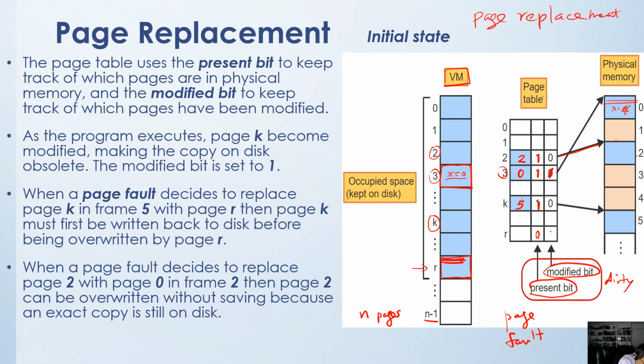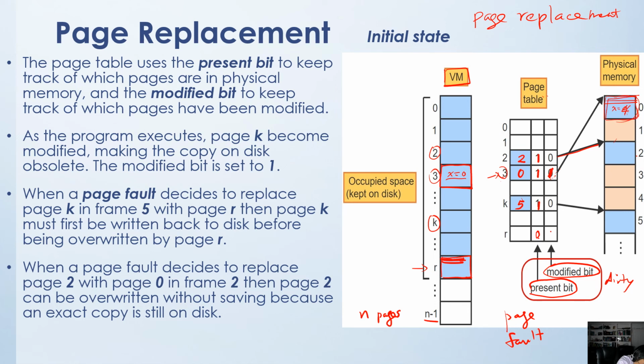Now, suppose we use a page replacement algorithm and identify that we want to replace page number 3, which is currently in frame number 0. Before we replace page number 3, you need to check the modified bit and find out the modified bit is 1, so that means this page has been modified.